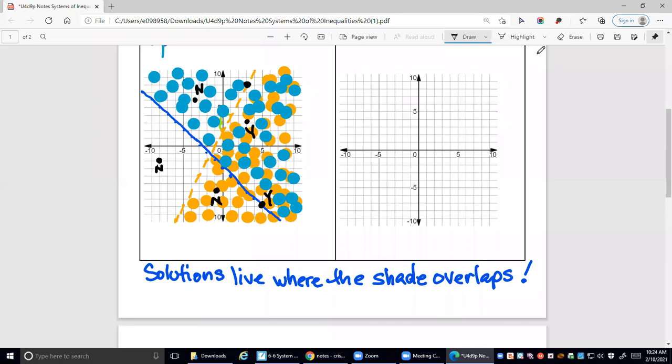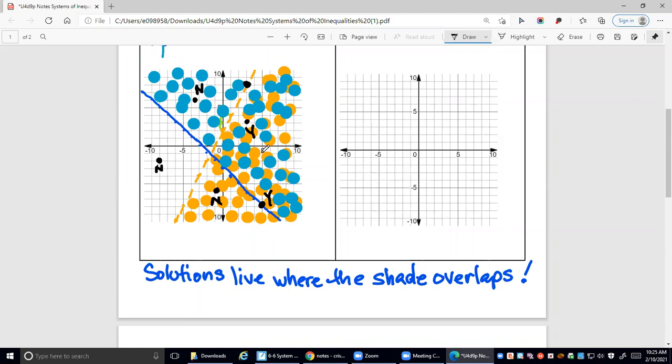Okay. So the question is, this dot right here, does it satisfy both inequalities? Is it a solution to the system of inequalities? Okay. And she said no. Why? Because it's on the line, right? Let's look at it.